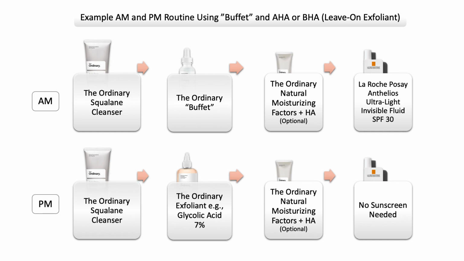You can, for example, use Buffet in your morning routine, but then use glycolic acid in the evening when not using Buffet. So that's fine, as long as you keep them separate, but please do not use them in the same routine.